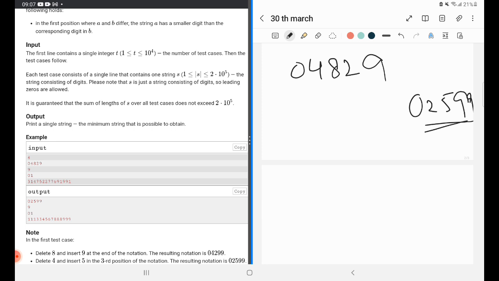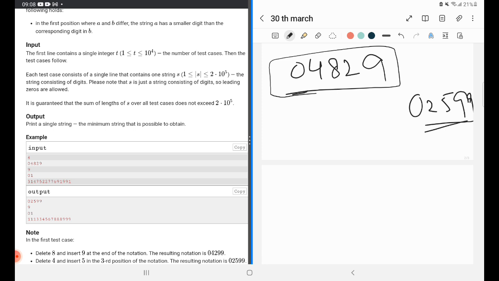So the basic idea behind the problem is, just try to think of it this way: in this particular number we have 5 digits, right? To make the string the lexicographically smallest string, whichever is the smallest digit, we would always want that digit to be at the most significant position, that is on the left hand side.